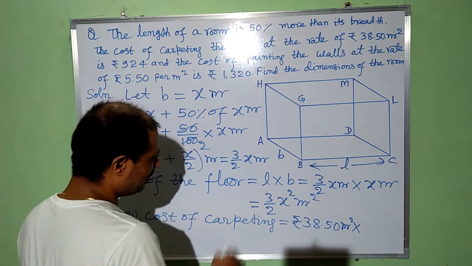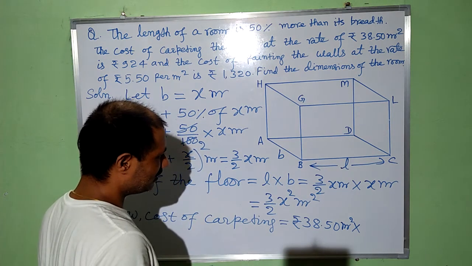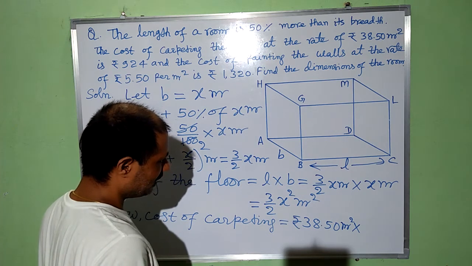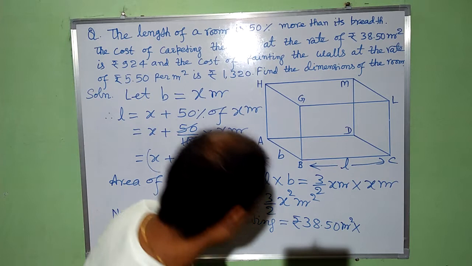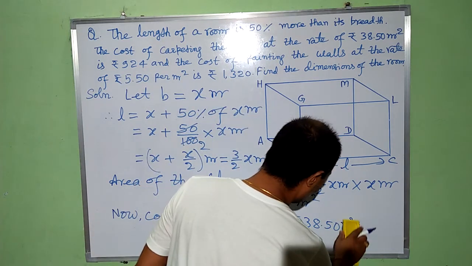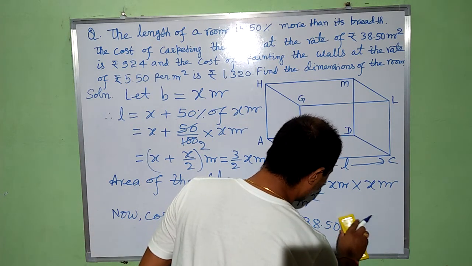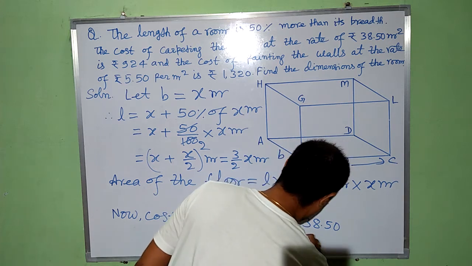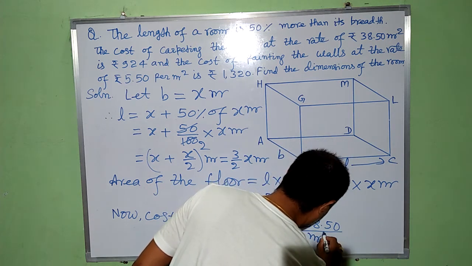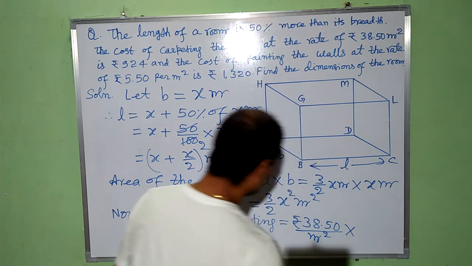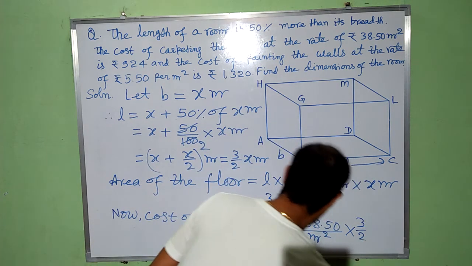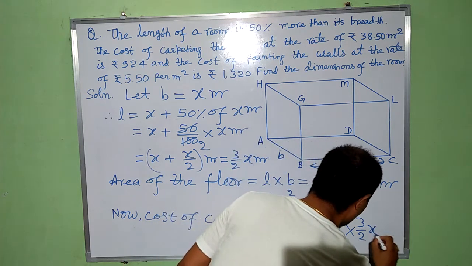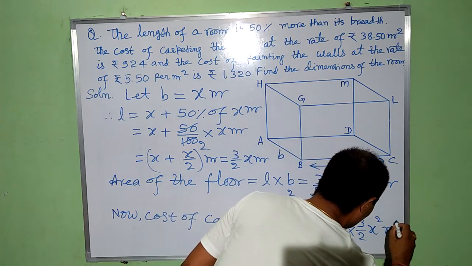Total area is 3 by 2 x square meter square. This is the cost of 1 square meter. Rate will be given per square meter, into total area, that is 3 by 2 x square meter square.